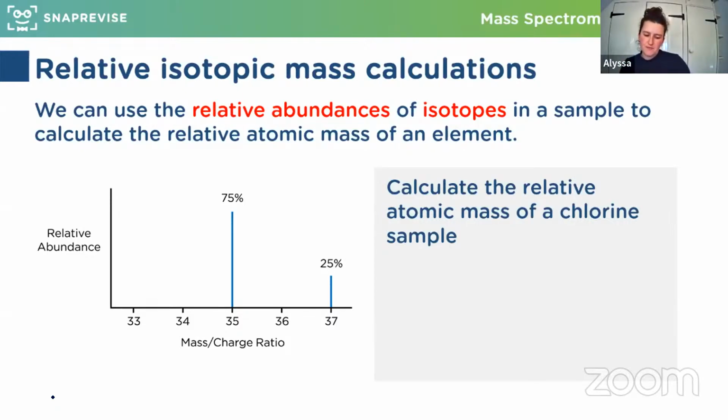So how do we do it? Does anybody know what the equation is? Can you remember it from GCSE? Because we do cover it, not specifically using mass spectrometry, but we look at relative abundances at GCSE. How do we calculate the relative atomic mass of a sample if we've been given the relative abundance and the mass to charge ratio?